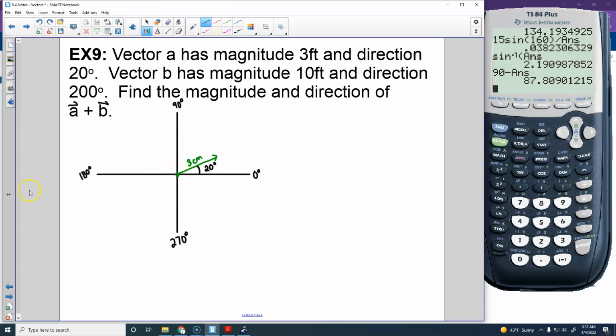We need to go 20 degrees past that. So to draw our second vector, we need to go 20 degrees past that, like so. This angle right here will be 20 degrees. And this vector will have a, this is feet, not centimeters, 10 feet.